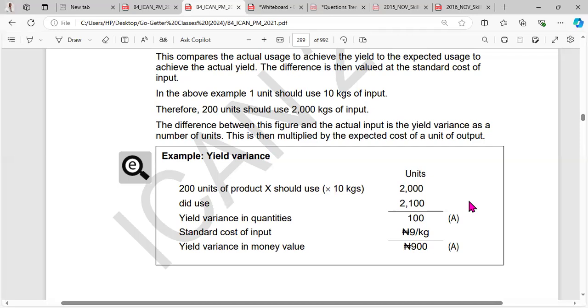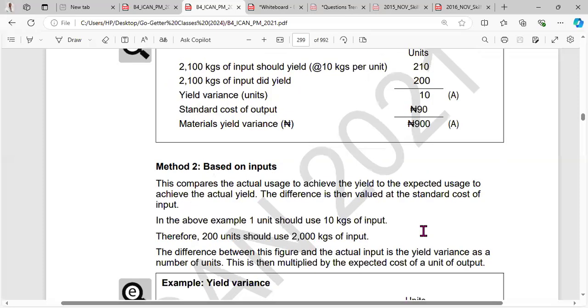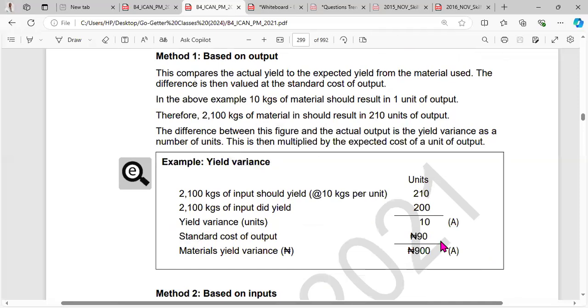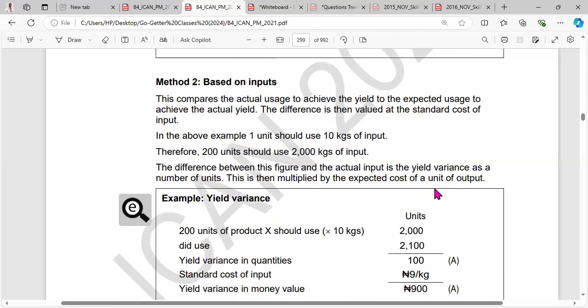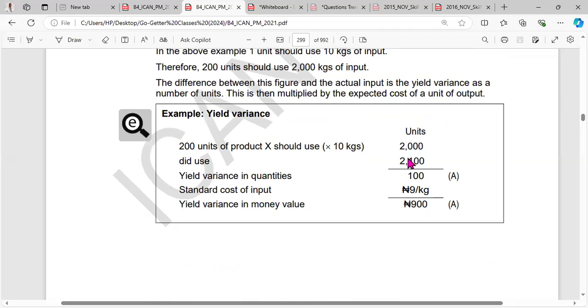And so in that particular material, we have used 100 above the standard, multiplied by the cost of that material. This one is the cost of 1 unit of the final product, and this is 1 unit of the input material. So this is the input method. This is the output method.